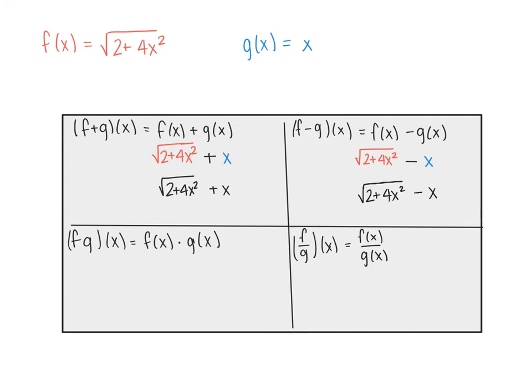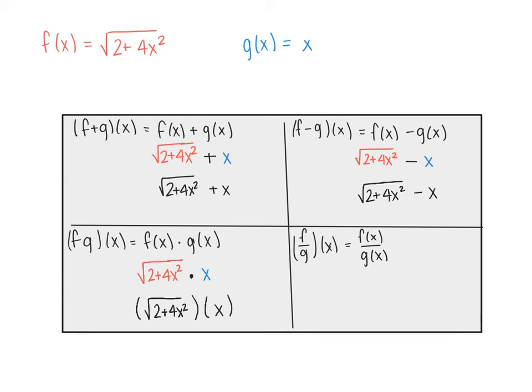Okay, the next one says f(x) times g(x), or (f · g)(x). So f(x) is the square root of 2 plus 4x squared, times x, which is just written like that. Now you may see it written like this with parentheses around them. I am fine with either notation.